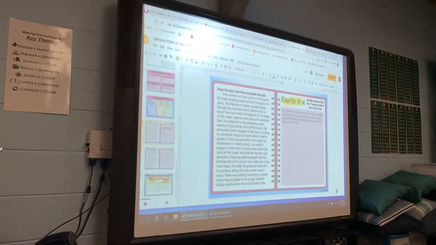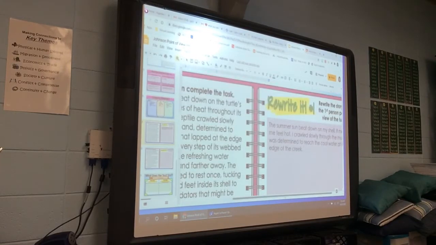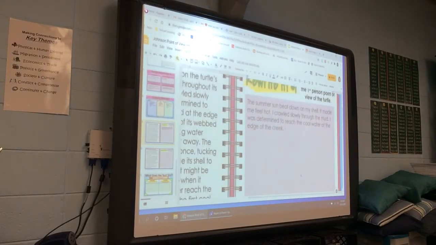Look, let me zoom it in a little bit more, but I can't zoom it in a ton because we won't be able to see. I was determined to reach the cool water at the edge of the creek.